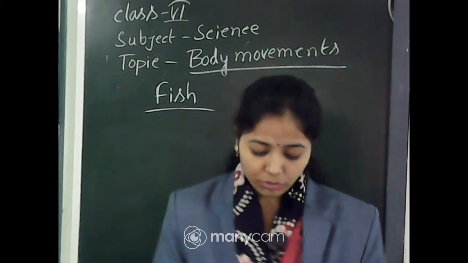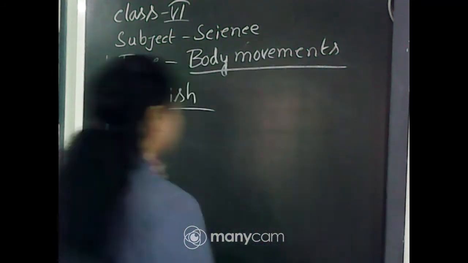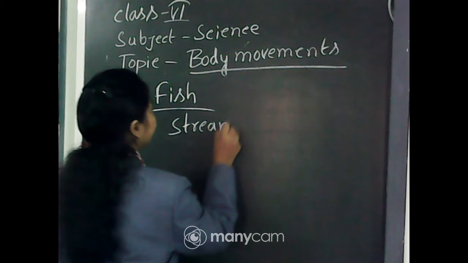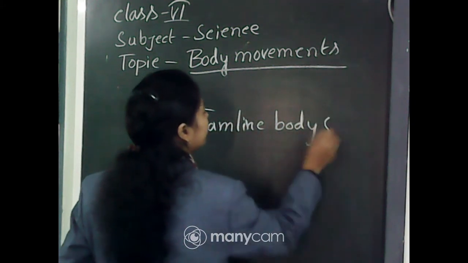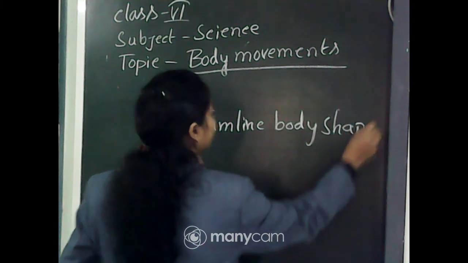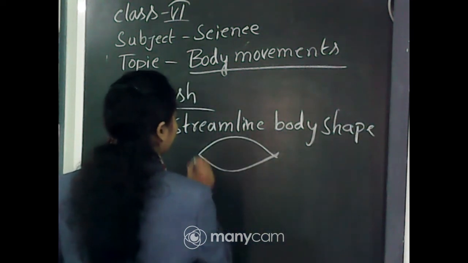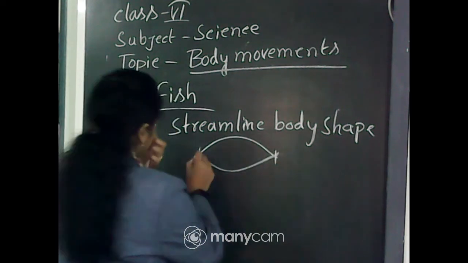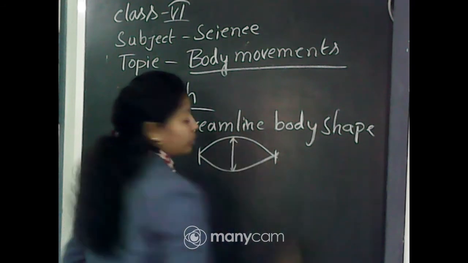And you know that they have a streamlined body shape. This is the main characteristic feature, streamlined body shape. Both ends are narrow and the middle portion is broader.